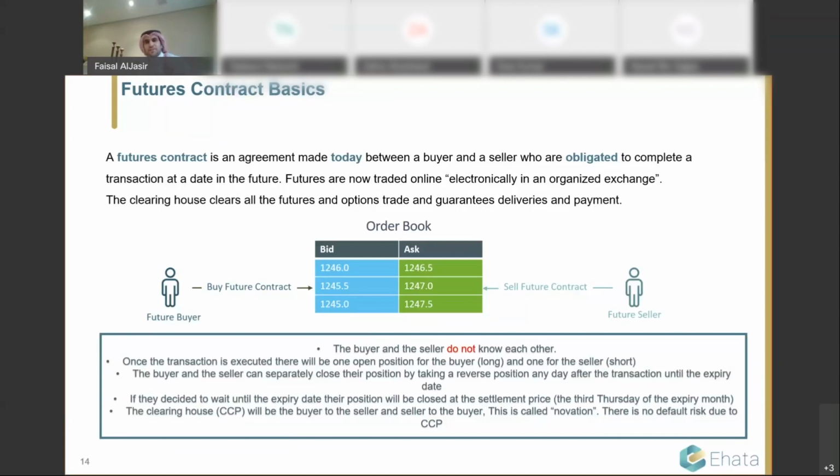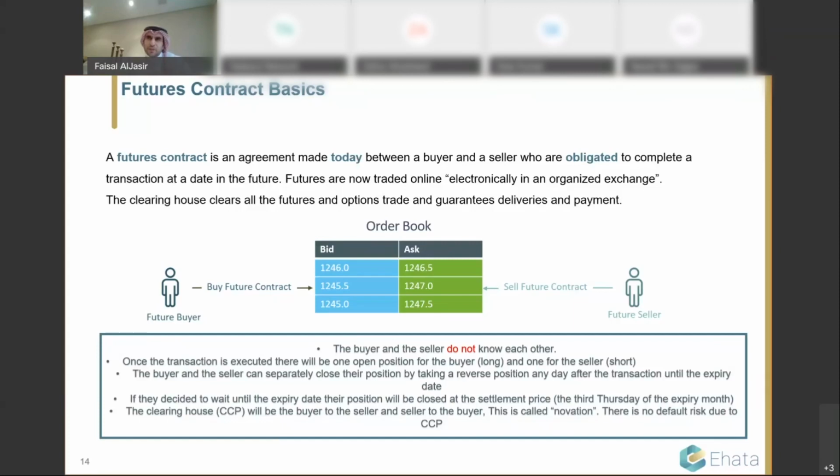There is the bid and the ask, and you see the prices in order. If it's traded electronically, the buyer and seller do not know each other.